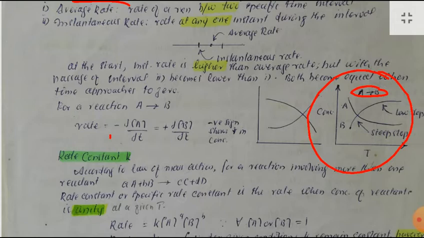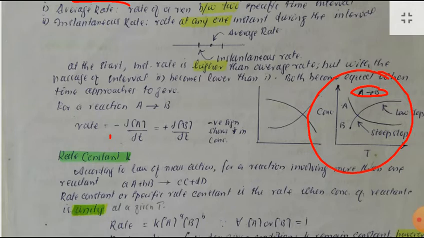Why? Because B reflects a product, and the product will increase in concentration with the passage of time, as all the reactant transforms into product. So this is a simple graphical representation of a chemical reaction.